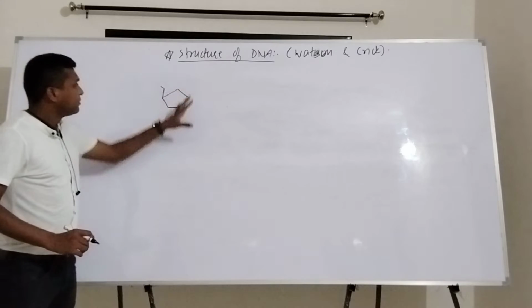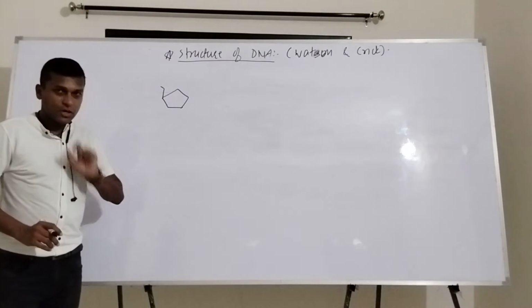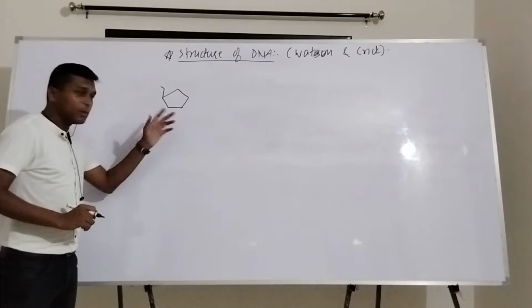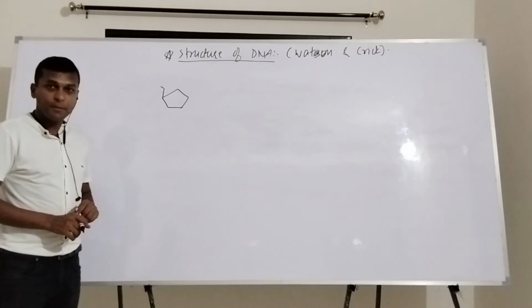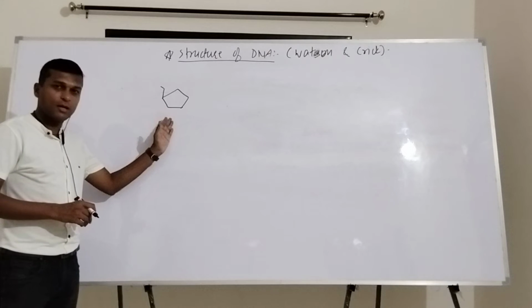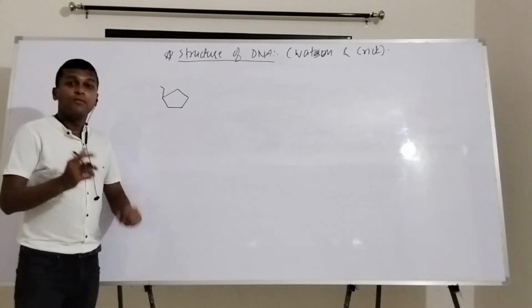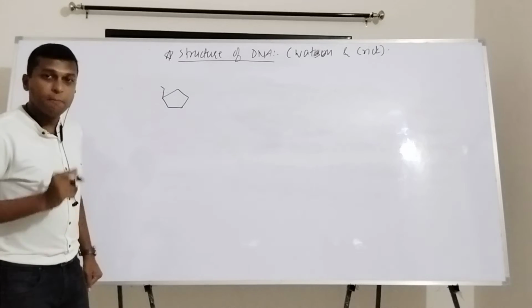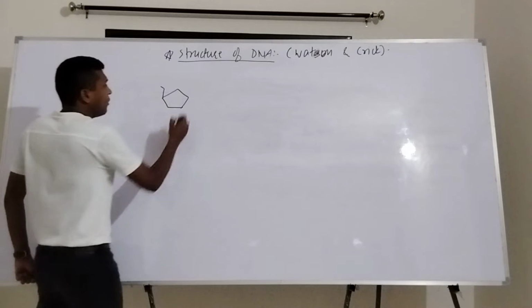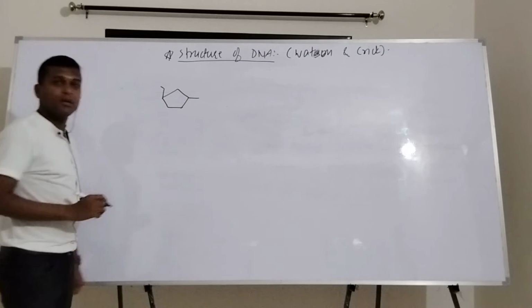This is simply called deoxyribose sugar. Sugar plus nitrogenous base is called a nucleoside. So how is this nucleoside formed? With the help of this deoxyribose sugar and a nitrogenous base. Where will this nitrogenous base be present on this sugar? It will always be present at carbon atom number 1.